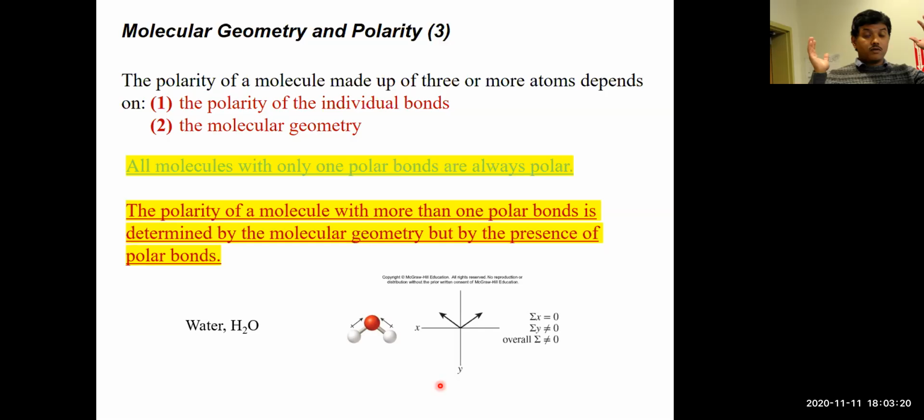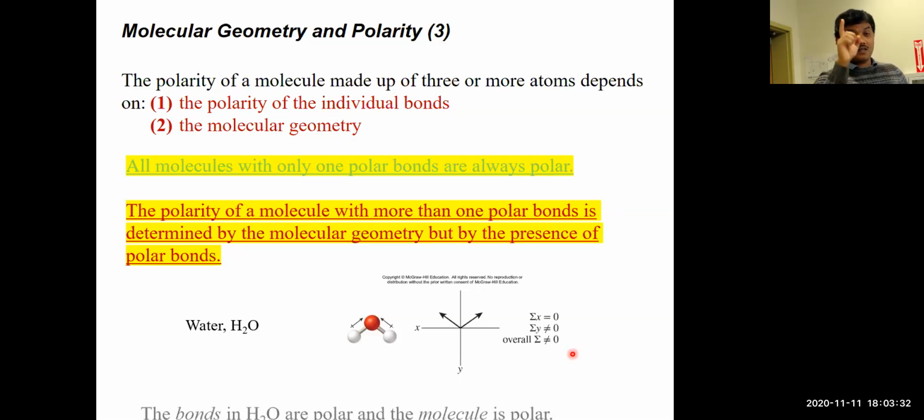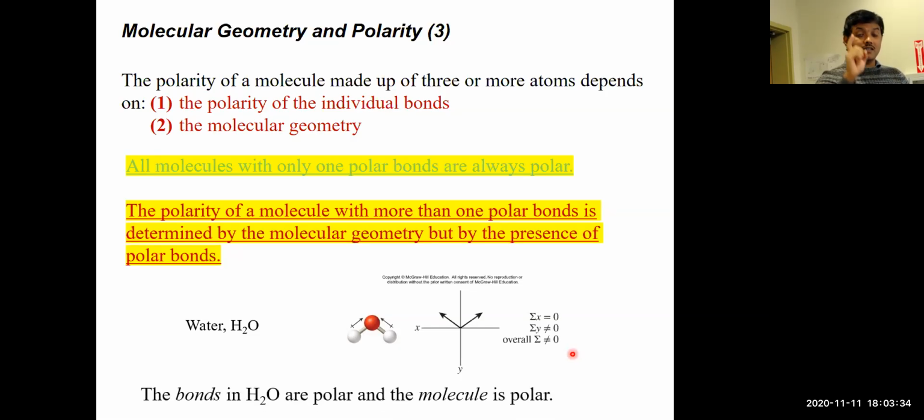They were going in their own directions, but not in a way to facilitate the cancellation. So as a result, because EY is not equal to EZ, the H2O molecule contains polar bonds, and this molecule is also polar. So the H2O molecule is an example of a molecule containing polar bonds that is a polar molecule.